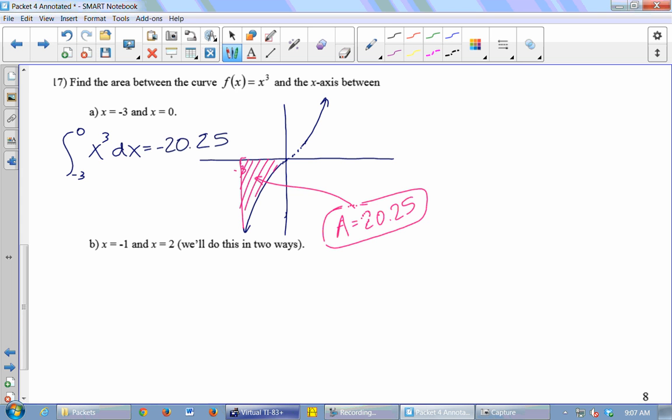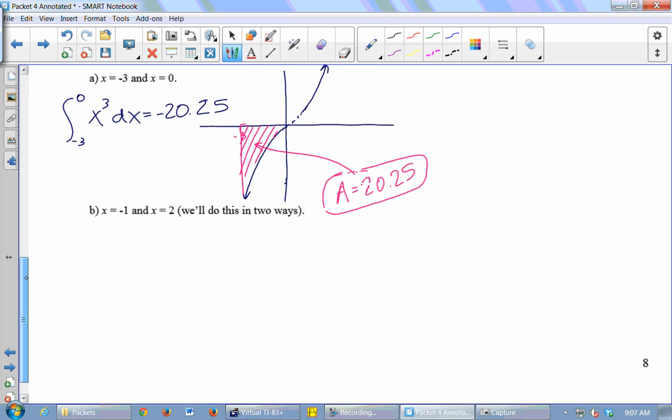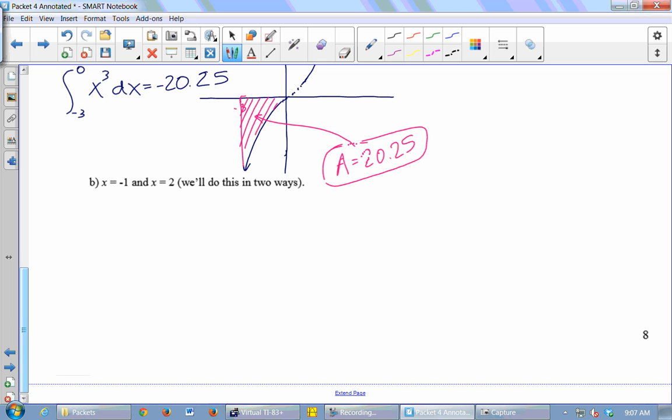All right, same function. This time I want to find the area between -1 and 2. Draw a picture of it again.